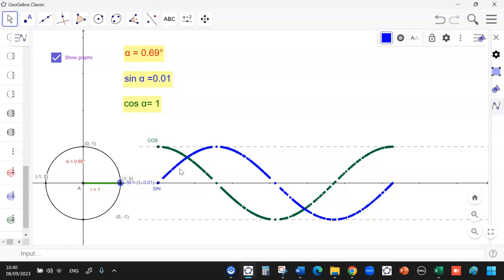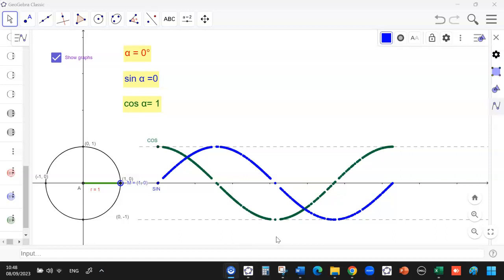You can see sine goes up to 1, back to 0, down to -1, and back to 0. Cosine starts at 1, goes down to 0 and -1, and then up to 0 and +1 where it started. If we continue and make another rotation, we will have the same pattern repeating. Here in this graph you cannot see the other value, but it goes over and over again until infinity.